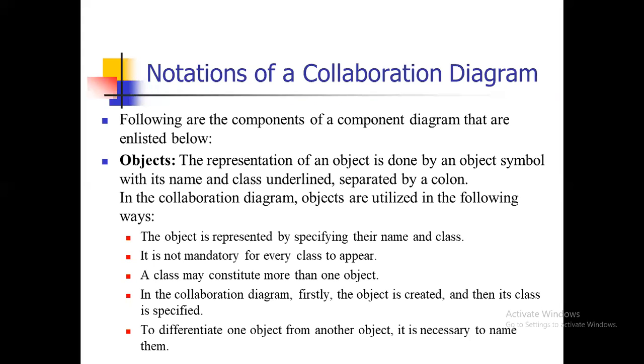Then there are some similarities between the collaboration diagram and the sequence diagram. What is the similarity? Both diagrams have a sequence number, which shows the time order of the messages. They depict two ways to model dynamic aspects: flow of control by time ordering, and flow of control by organization.